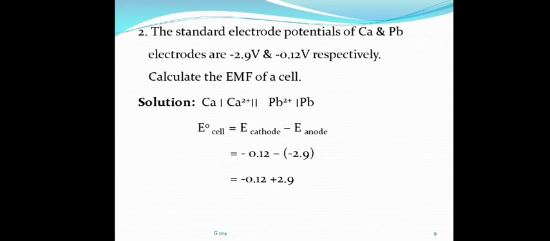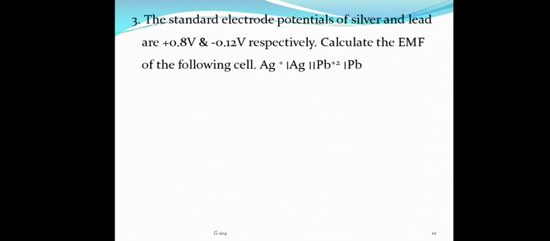So minus 0.12 plus 2.9, that is 2.9 minus 0.12, becomes 2.78 volts. So even this produces electricity.